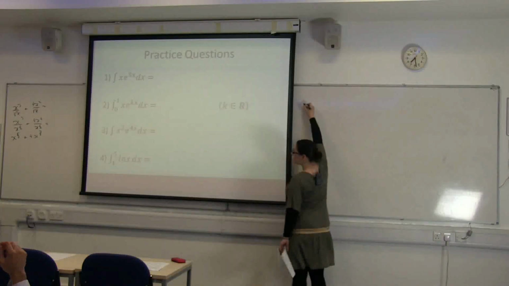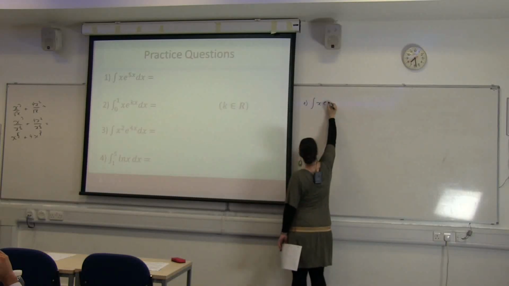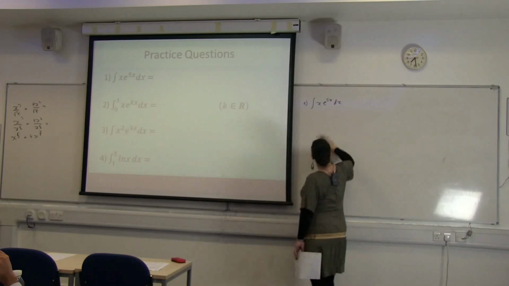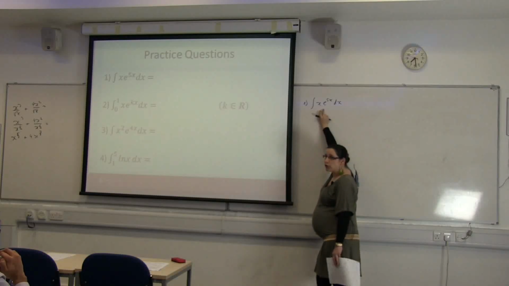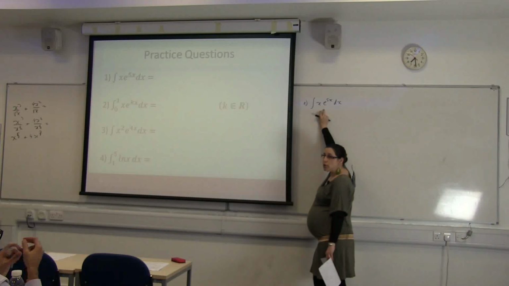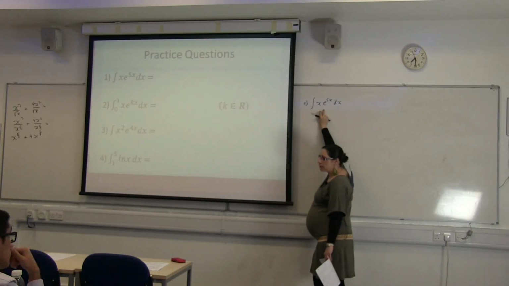So in the first example, I have got the integral of x e to the 5x dx. What I see here is a product of two functions, so I know I can use integration by parts.